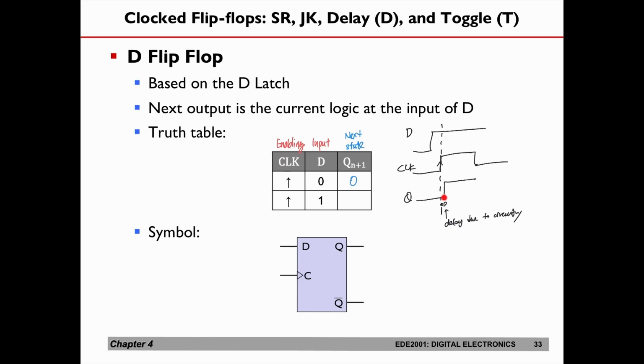So please take note of that. We have simplified things such that Q transitions at the edge, but in reality there will be a short delay. When the D input is a 1 at the rising edge, then Q, after the propagation delay, is going to be a 1.